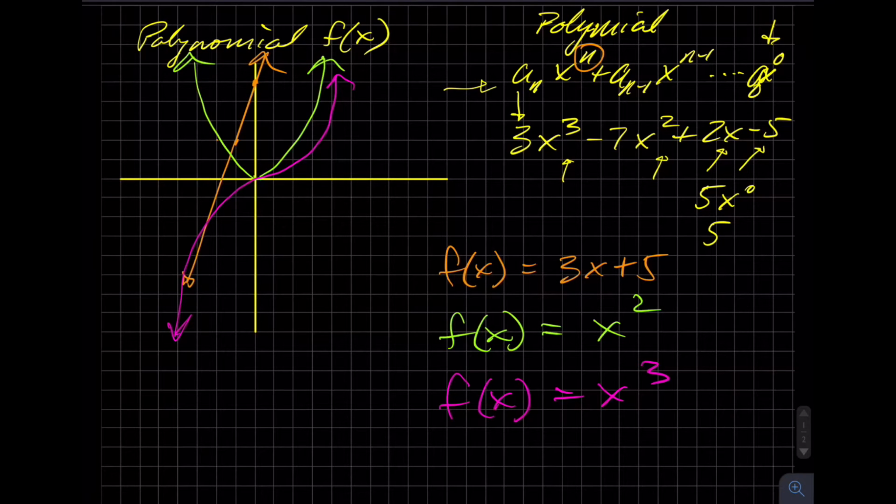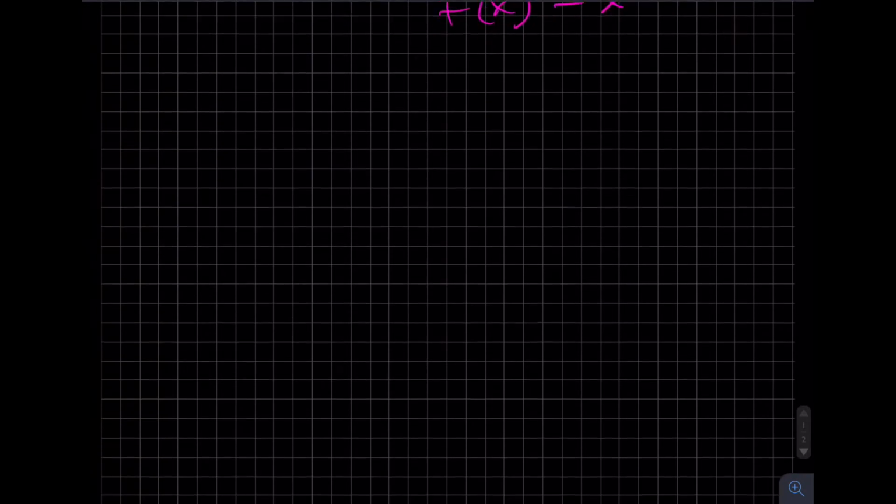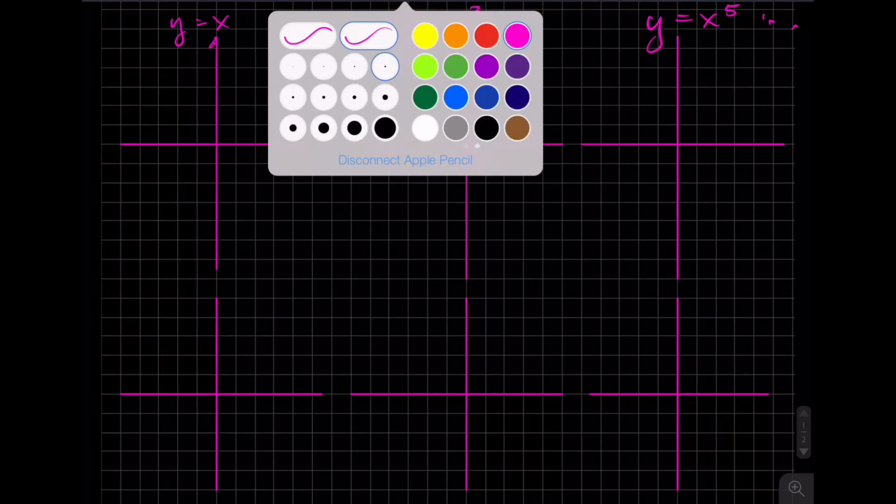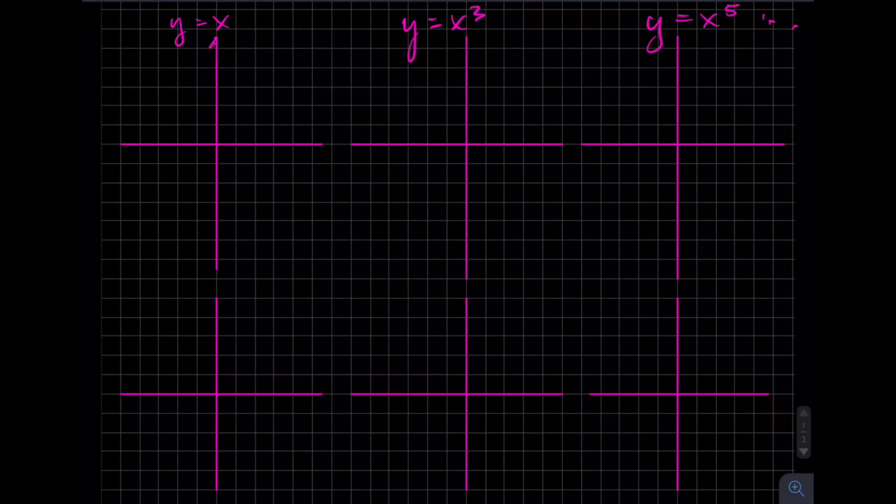Okay, so let's do a little bit of a summary on polynomial functions. If I have y equals x, I'm going to get a line. And then y equals x cubed, y equals x to the 5th, and so on. So what we get as our graphs: y equals x looks something like that.